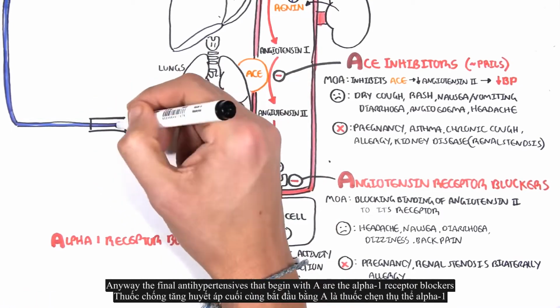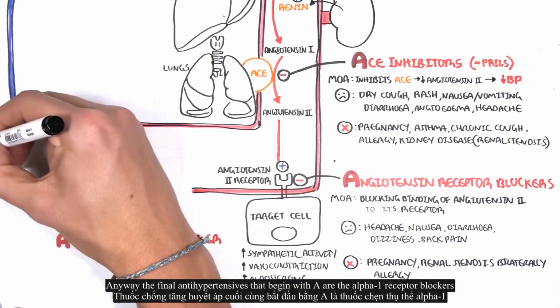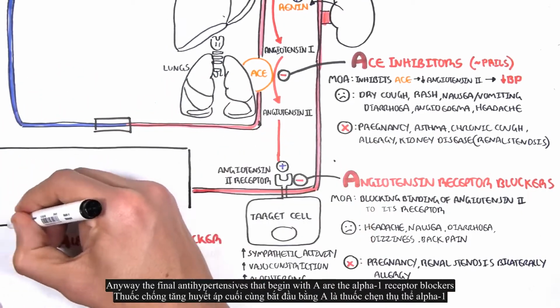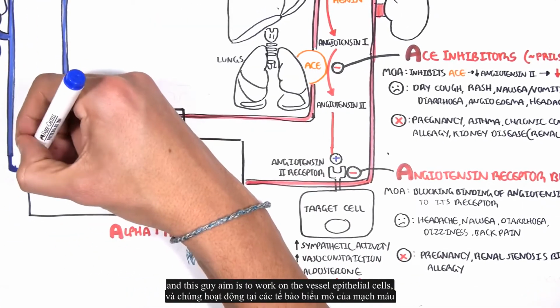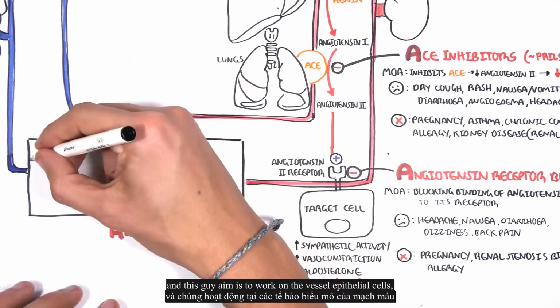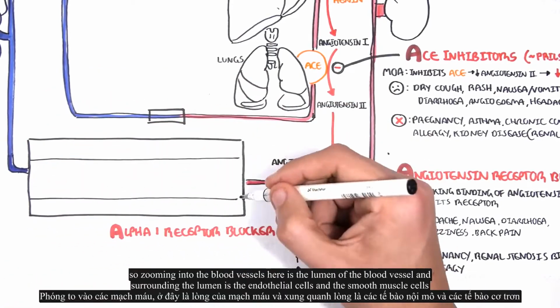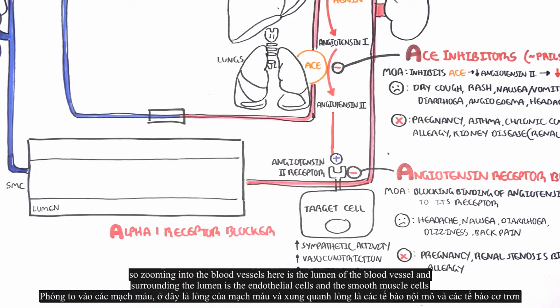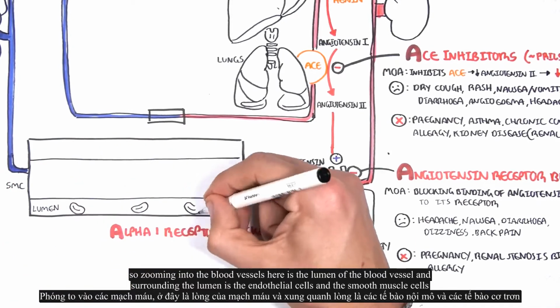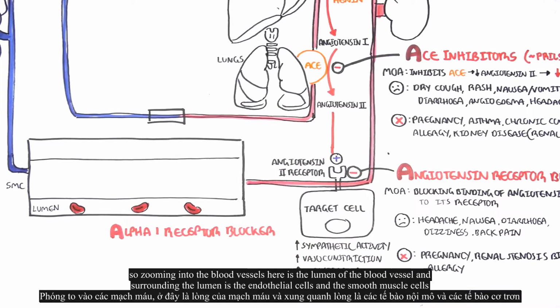Anyway, the final antihypertensives that begin with A are the alpha-1 receptor blockers. These work on the vessel cells. So zooming into the blood vessels, here is the lumen of the blood vessel, and surrounding the lumen are the endothelial cells and the smooth muscle cells.